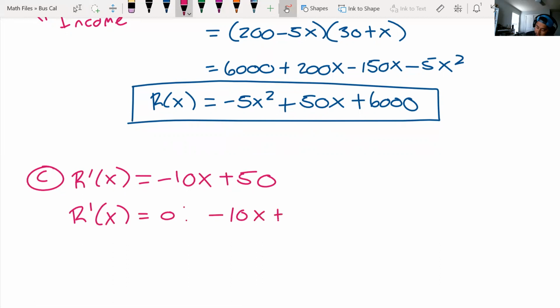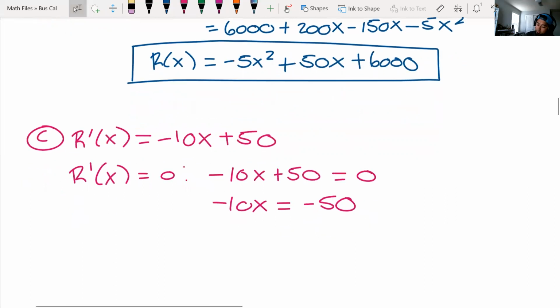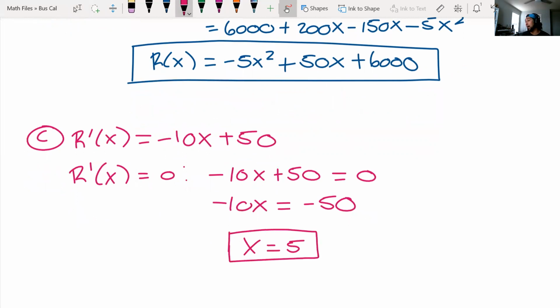Negative 10x plus 50 equals 0. Move that 50 over, and then divide by negative 10. We should get x equals 5. So 5 is the total number of rate increases that we should do before people look for another rental place.